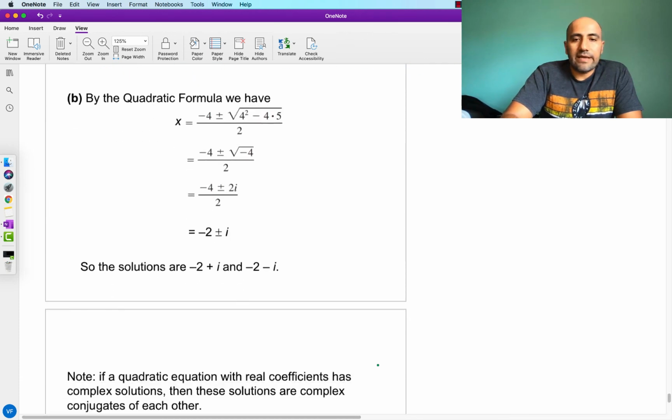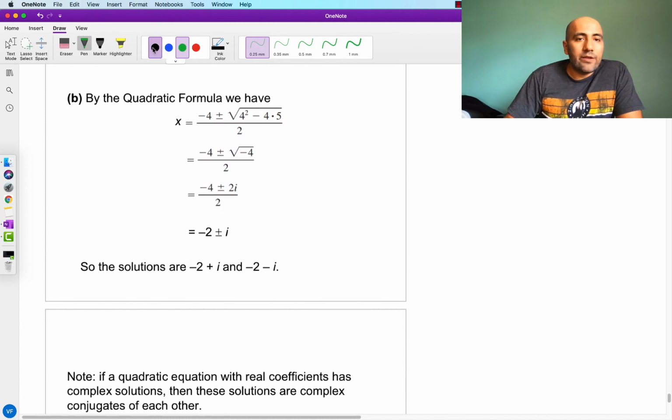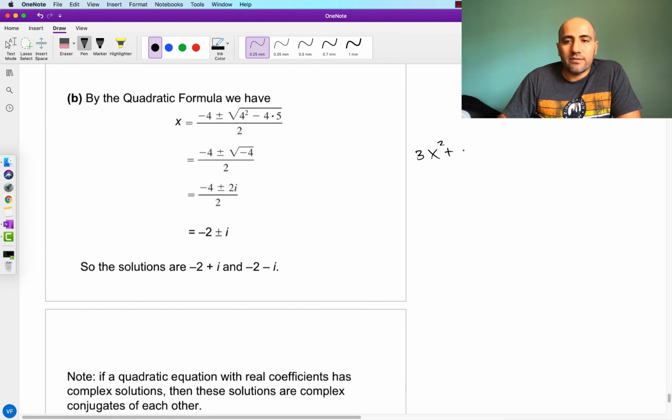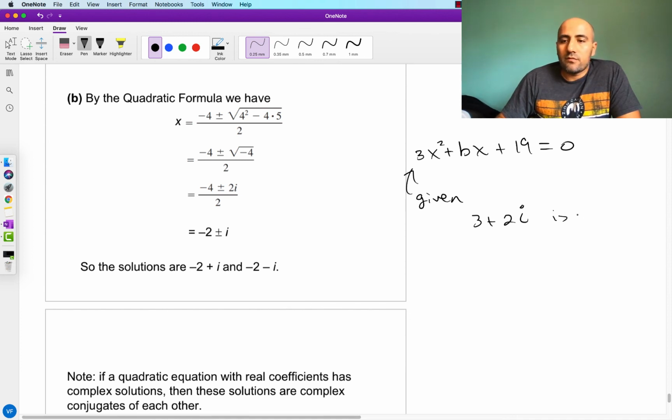Another way we're going to use that is that if we know that there is some equation, 3x squared plus bx plus 19 equals 0, some number goes in there. And say we're given that 3 plus 2i is a solution.